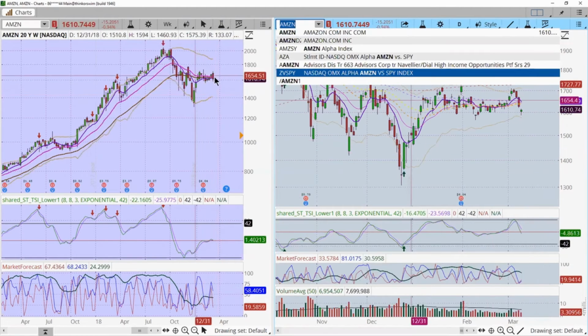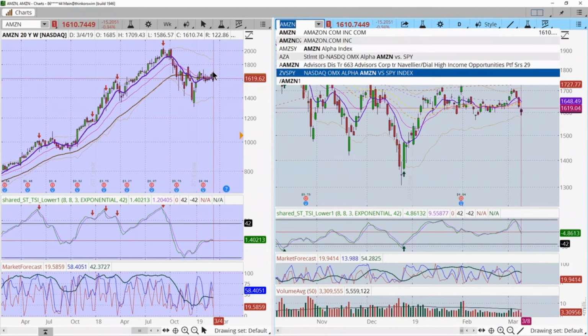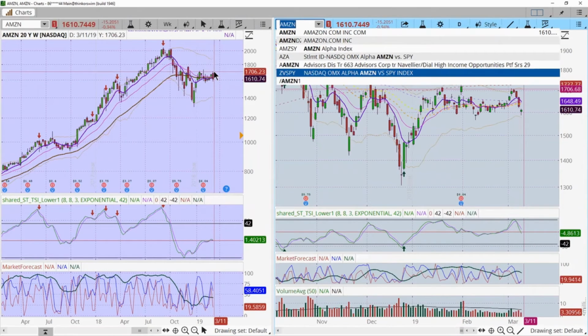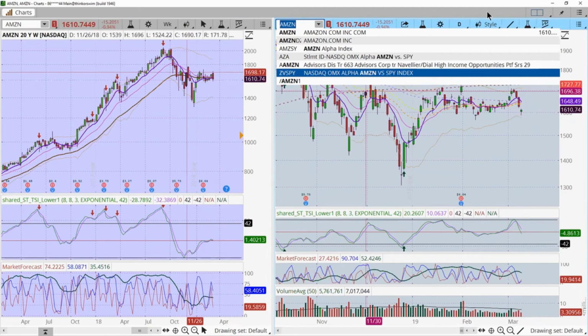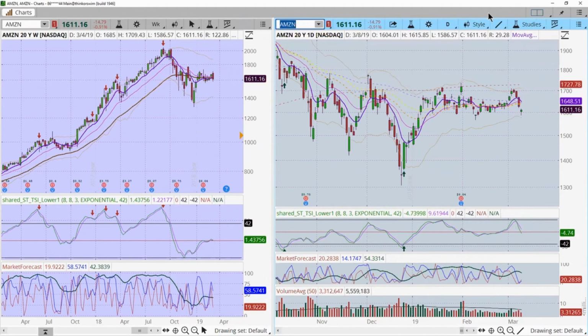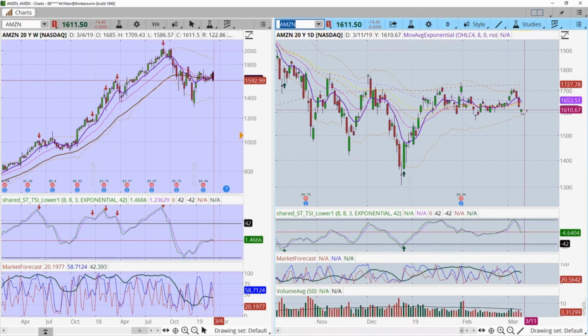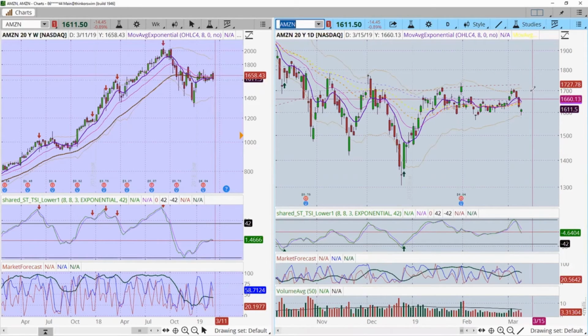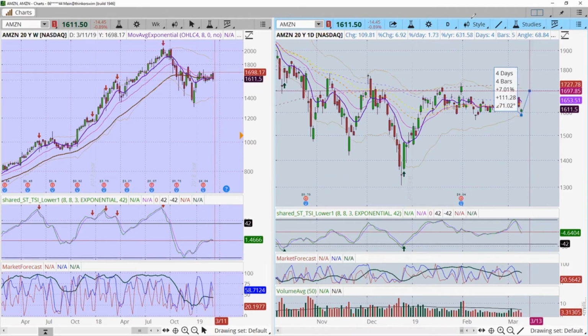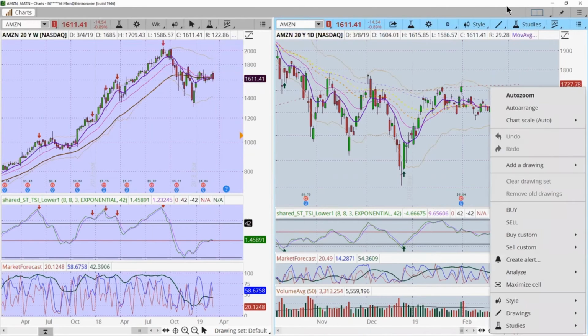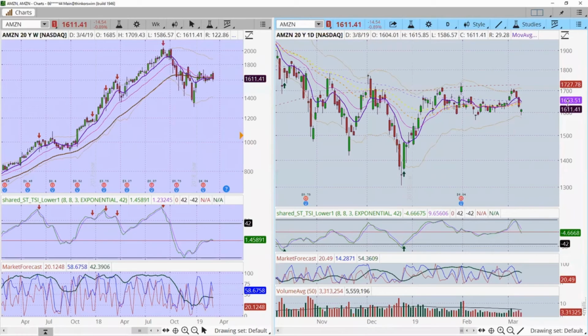It has just been chop right here around the 1600 to the 1700 level, which you think, oh my gosh, that's $100, but on a $1,700 stock, how much is that chop? About 6 to 7%. So it is approaching a level of support.